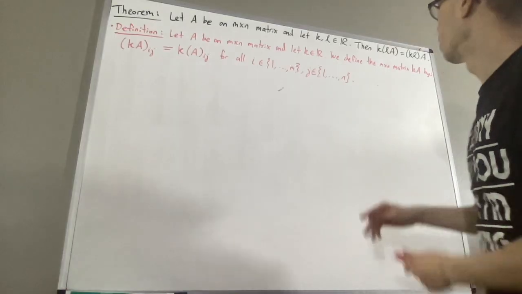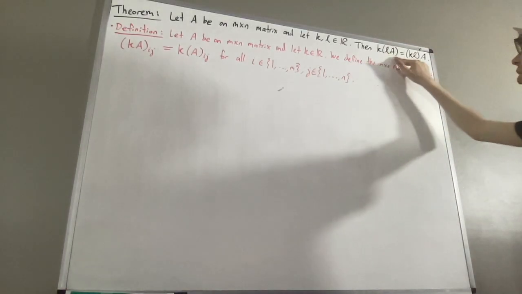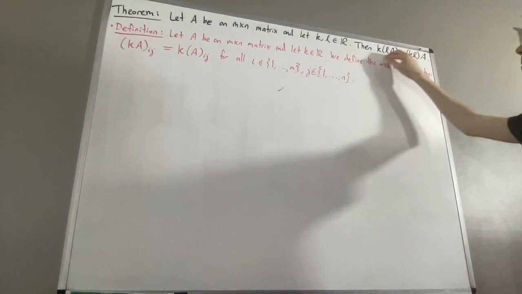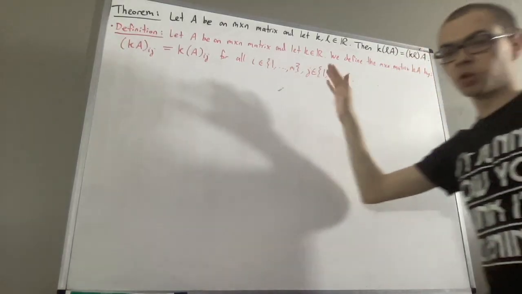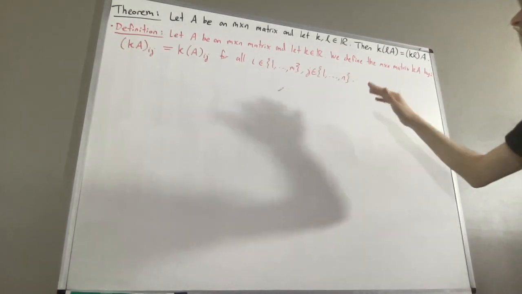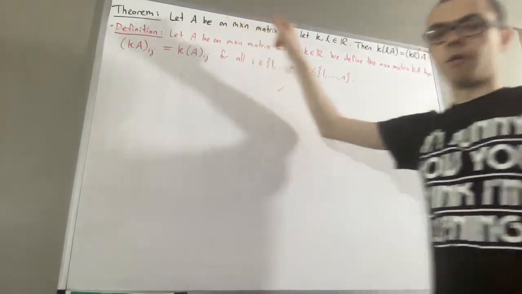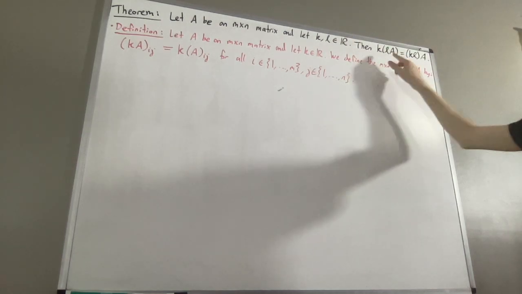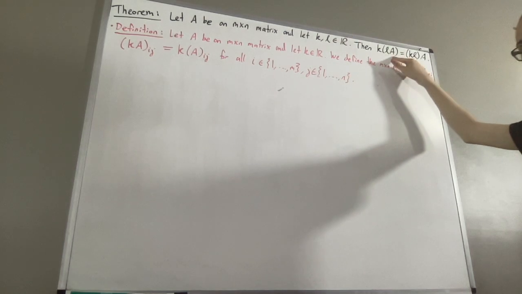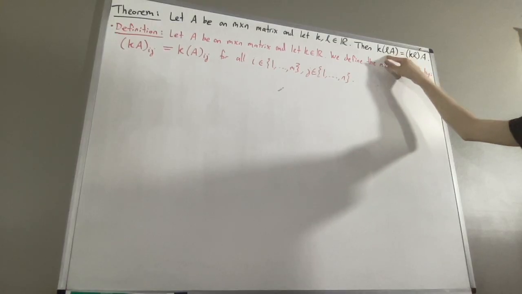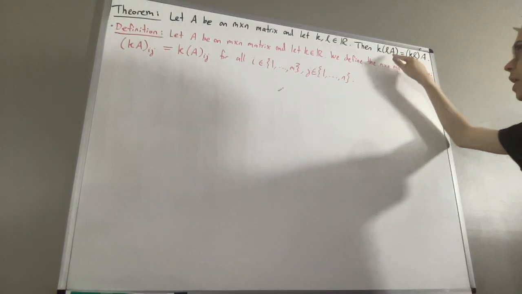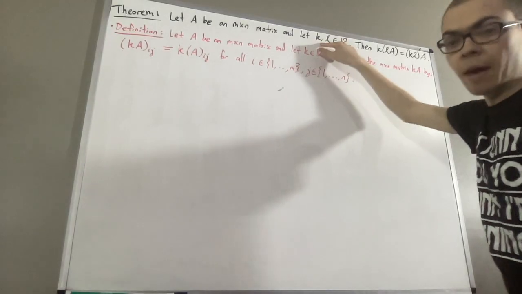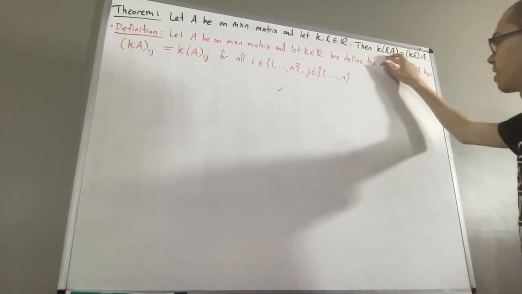Now, notice each of these is the result of performing scalar multiplication on a matrix, namely matrix A. First, we have our m by n matrix A. Then, multiplying A by L, we get the m by n matrix LA. Then taking the m by n matrix LA and multiplying it by K, we get the m by n matrix K times LA.